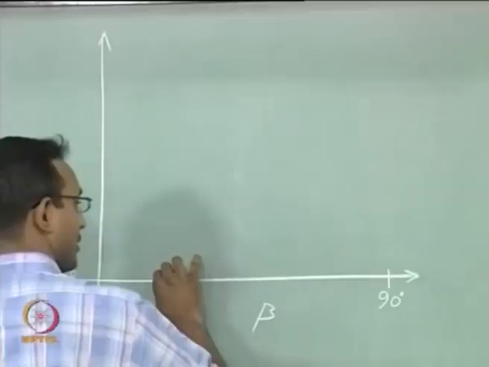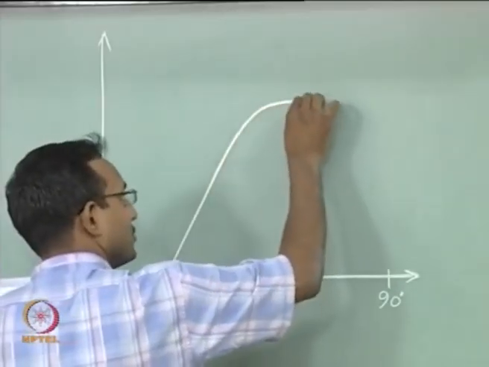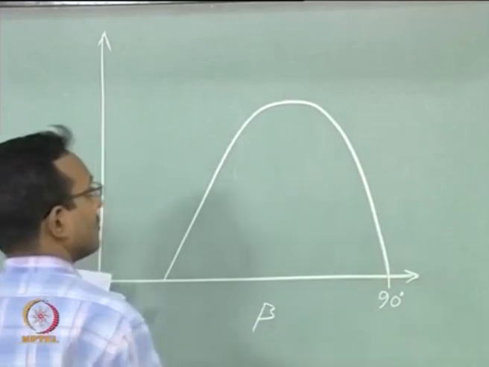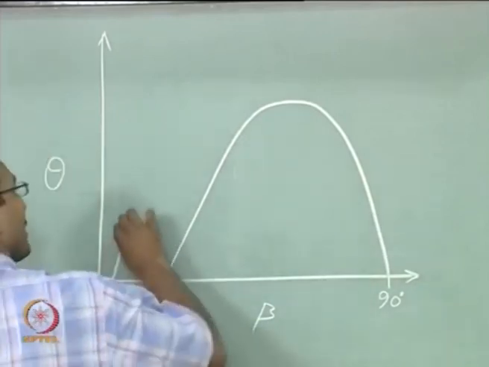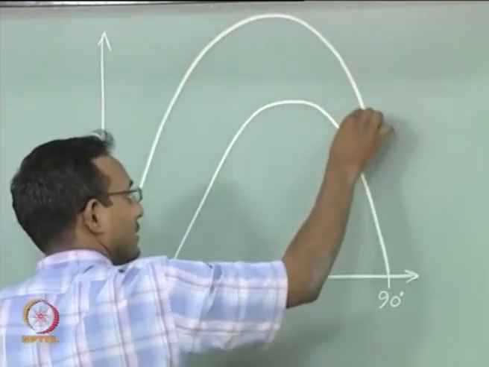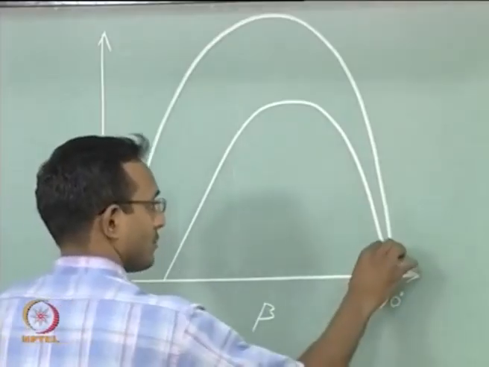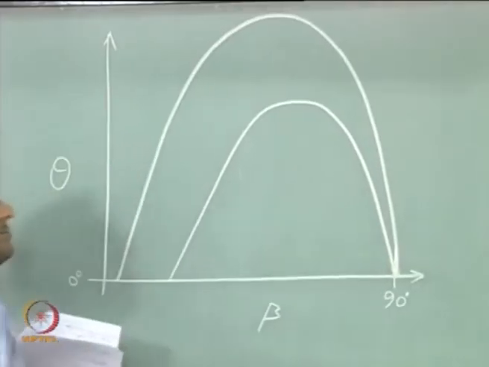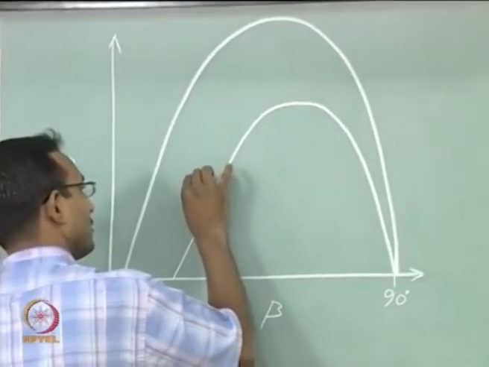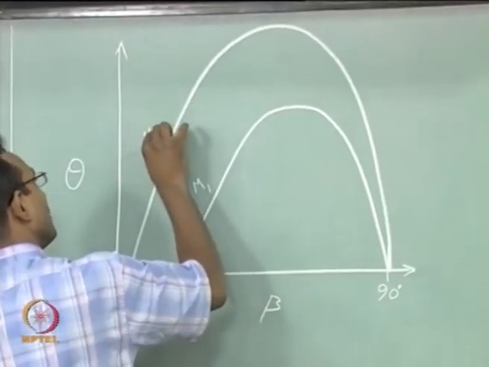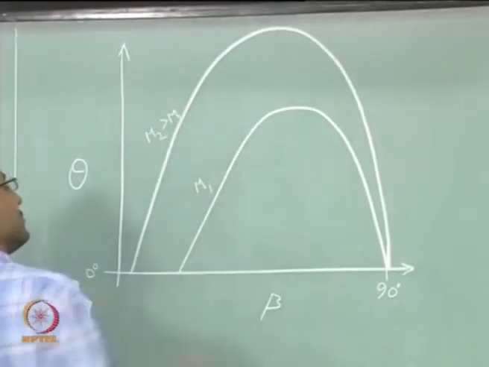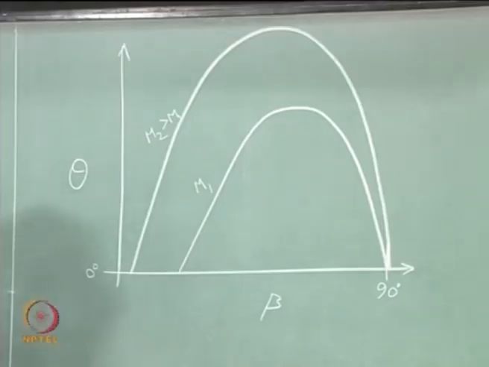And for a particular Mach number, it is going to do something like this. For another Mach number, a higher Mach number, it will do something like this. It is supposed to reach the same point. Okay, it is M1, M2 greater than M1. This is what it will do. Okay.